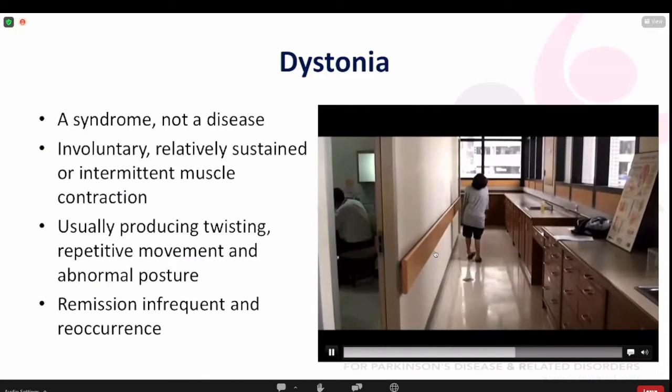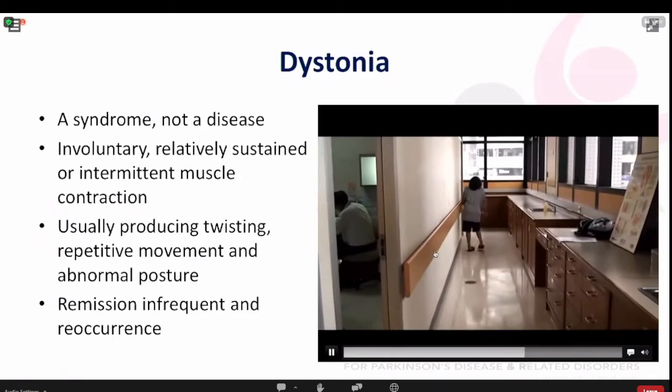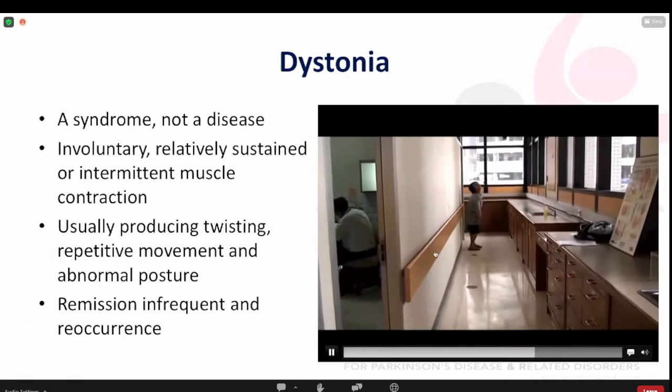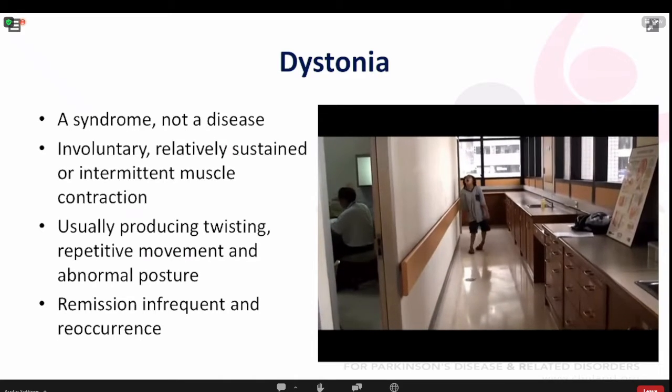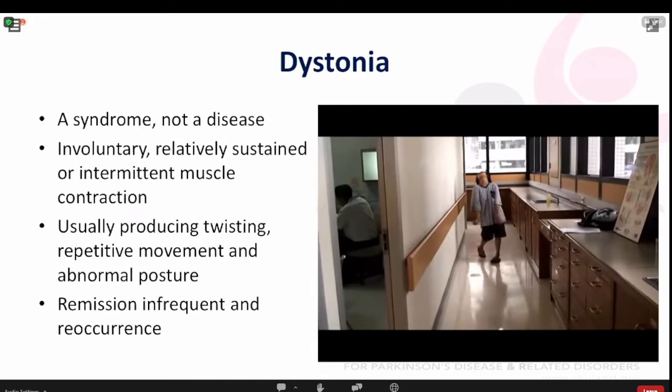This patient has generalized dystonia from cerebral palsy, from birth asphyxia. This cerebral palsy can cause delayed dystonia.